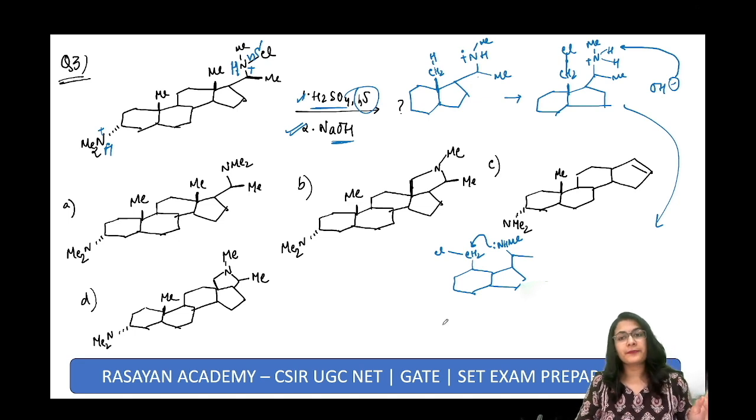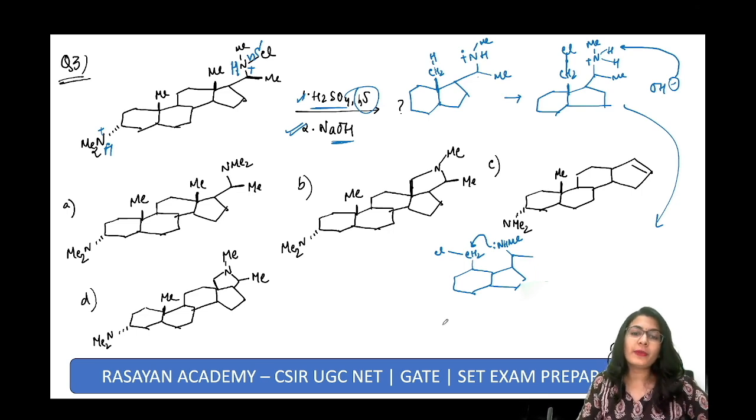Option number B also looks very similar. What's wrong with option number B? Yeah, I think it is the same thing only. Yeah, option B and D are same. So basically, this is the Hofmann-Löffler-Freytag reaction. All right, Hofmann-Löffler-Freytag. If you haven't studied, please do.